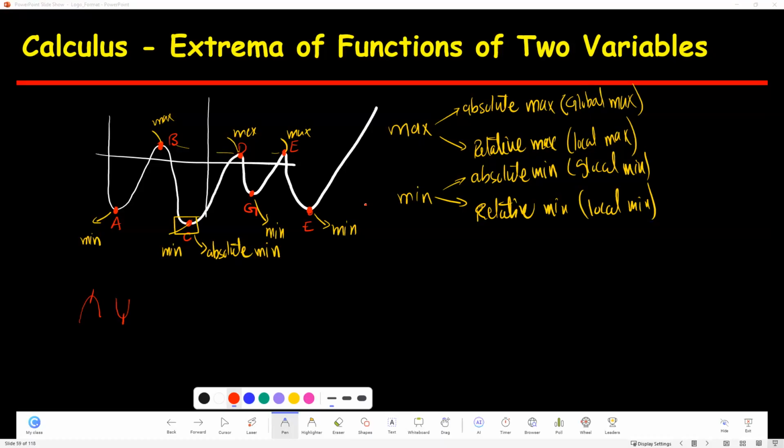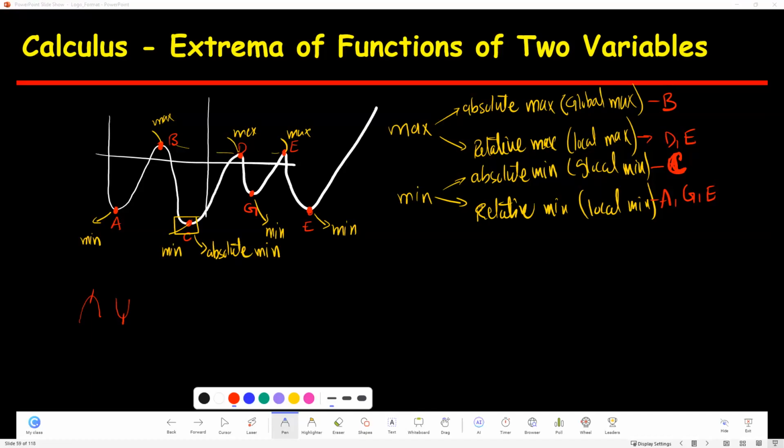In this case, I'm going to call this absolute max is point B. Here I have points D, E. Here I have an absolute min is A. Maybe C. Right? My point C is the absolute min, and A, G, E are my relative min.